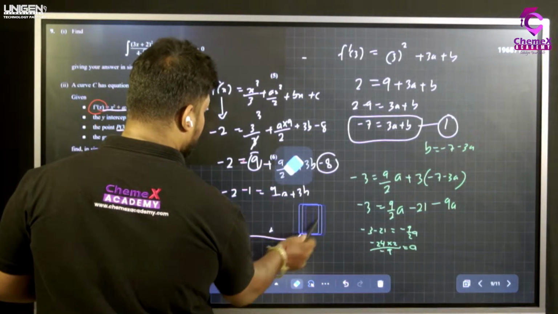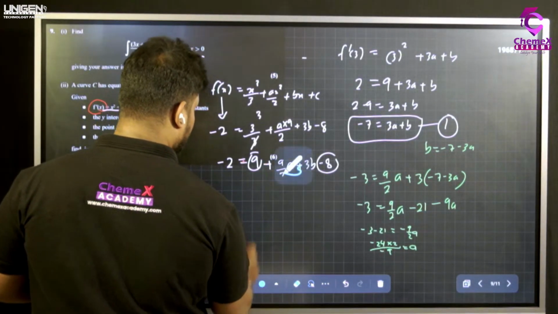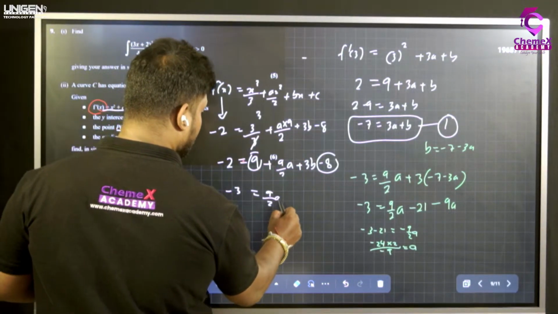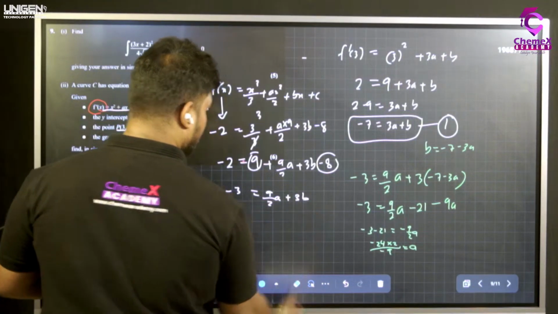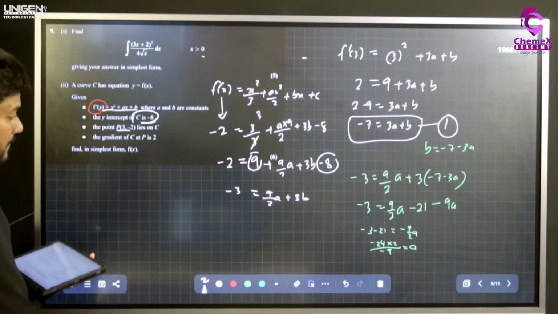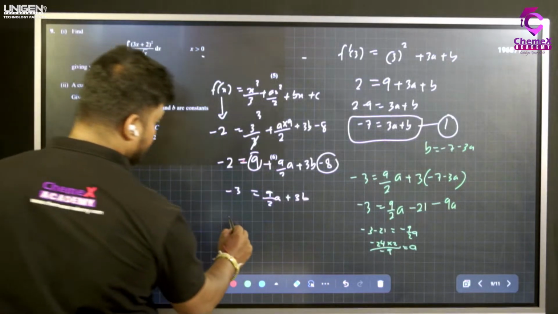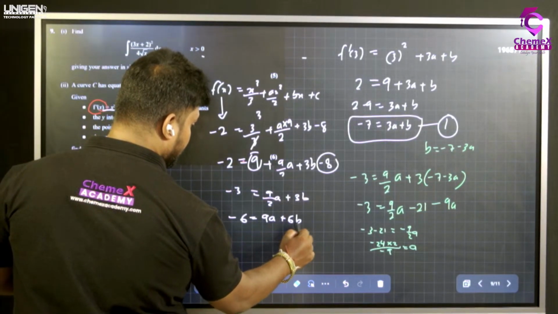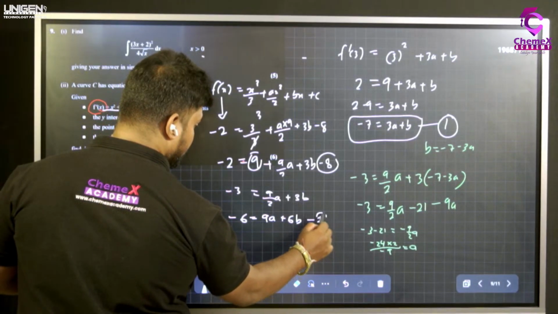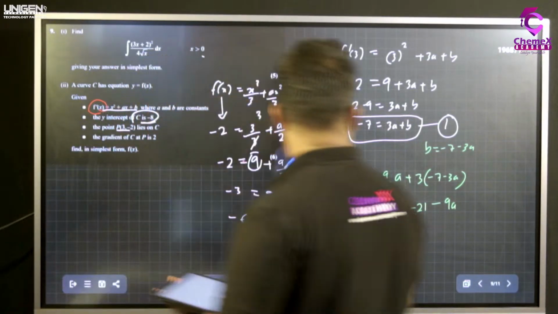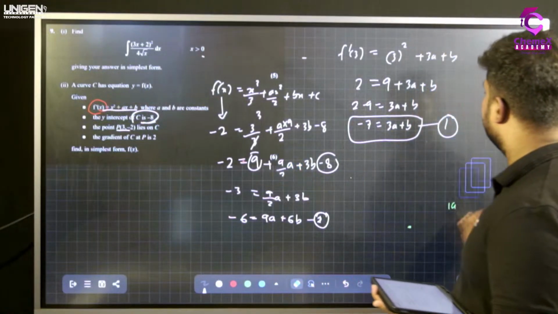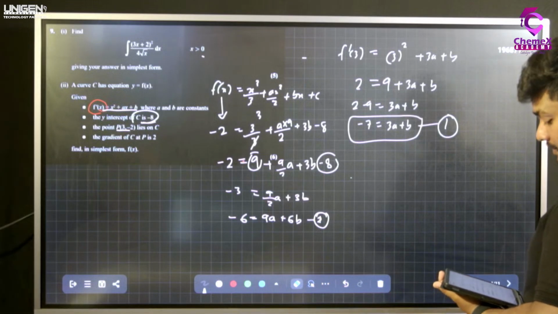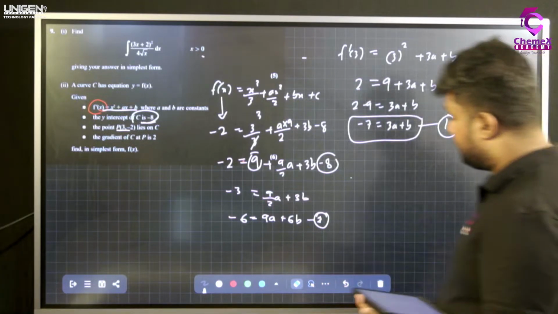This formula also, simplify. Let's multiply everything by 2. Simultaneous. Okay, let's make b the subject.